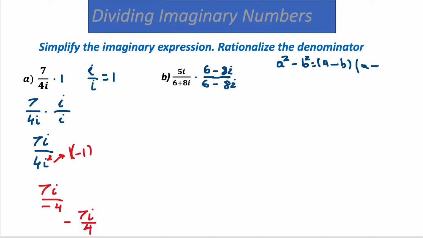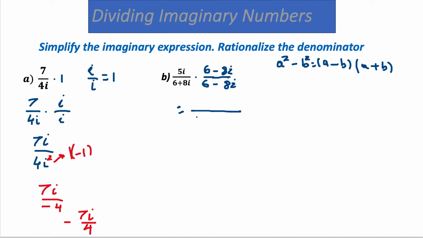We know this is a and this is b. We have the same scenario, but when multiplying, it is going to be in the denominator. So here I'm using just the denominator. It's going to be a squared minus b squared.